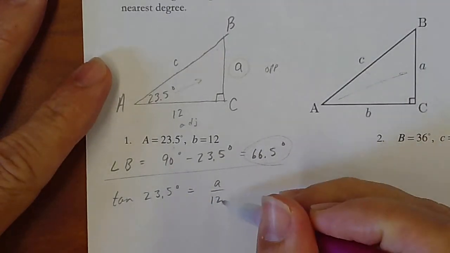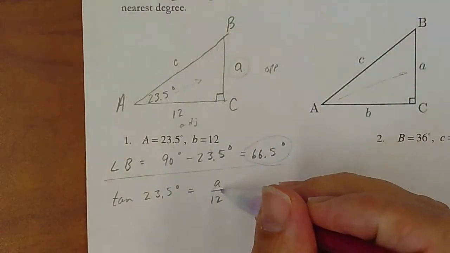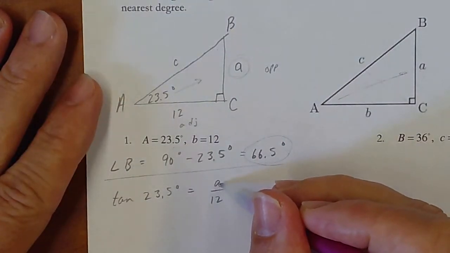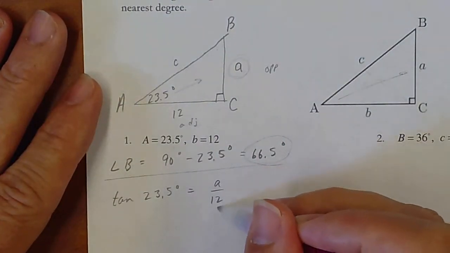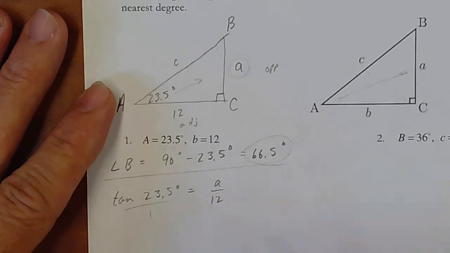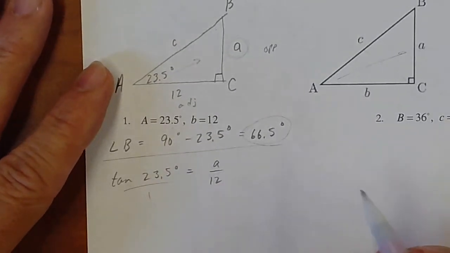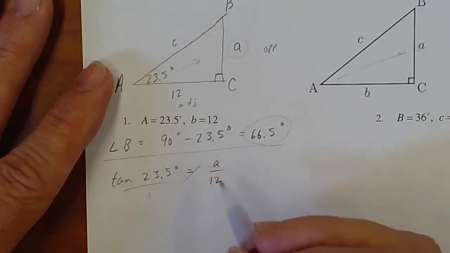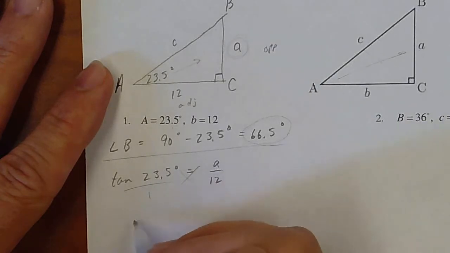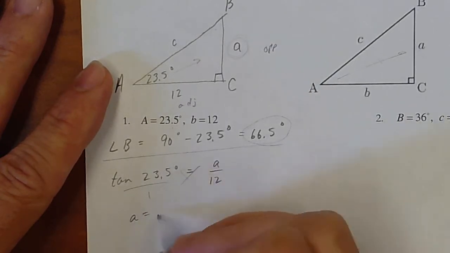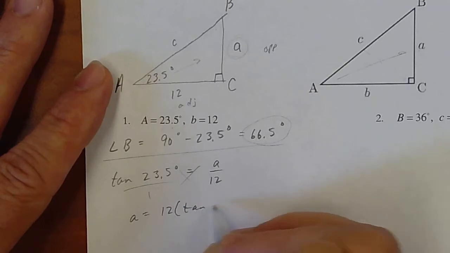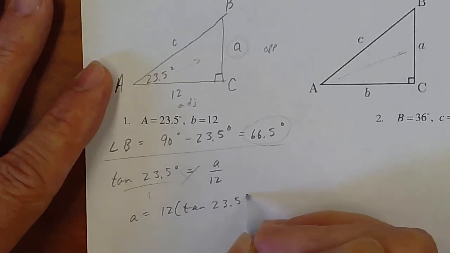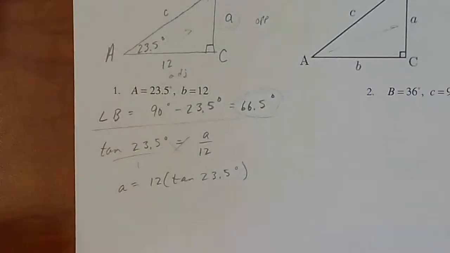And now we need to solve for side A. I like to cross multiply here because cross multiplying works if A is on top or bottom. So if I put this over 1 and just cross multiply it to get it out of fraction form, it gives me this: A times 1 equals 12 times tan 23.5 degrees. And now it's ready for the calculator.